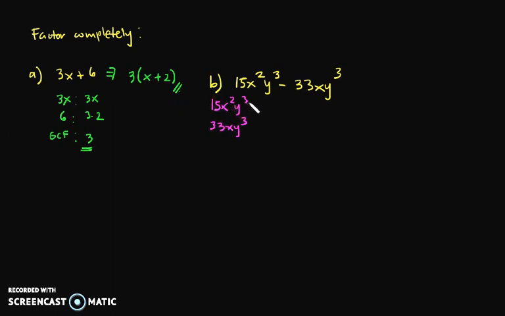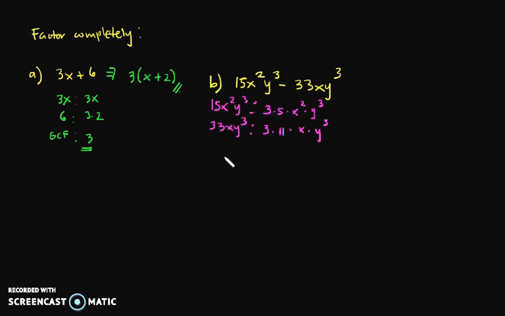So the factor of 15 would be 3 multiplied by 5, again x squared y cubed. How about 33xy cubed? That would be 3 times 11 times x times y cubed. So again, we are looking for the greatest integer that divides 15 and 33.